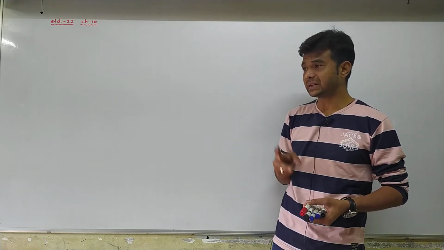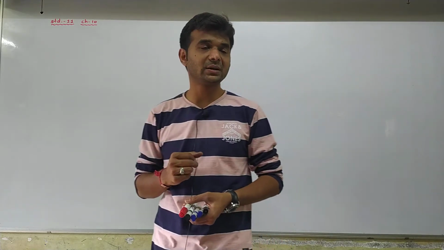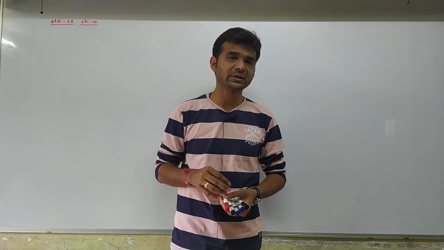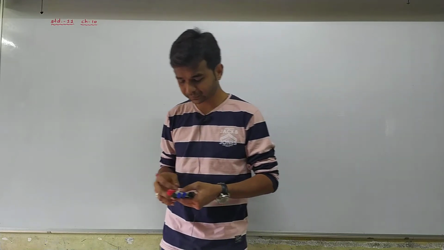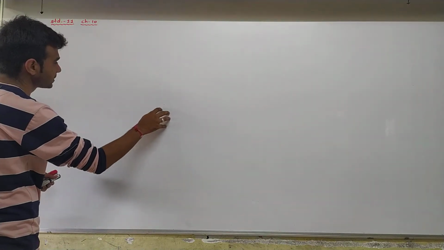Here two-time division occurs, that's why 4 cells are formed. So here let me tell you the first important points of meiosis.